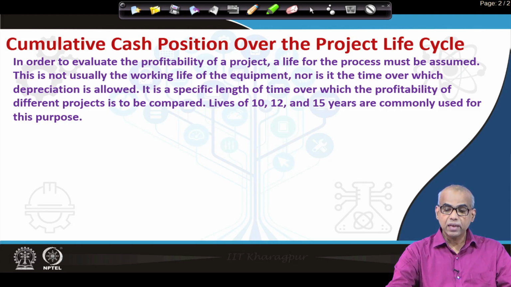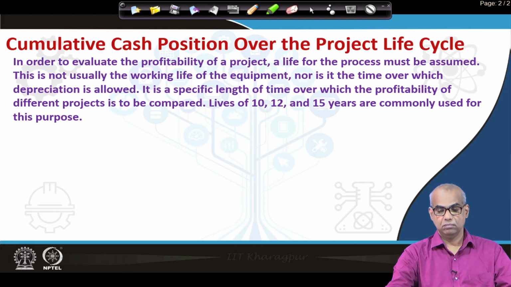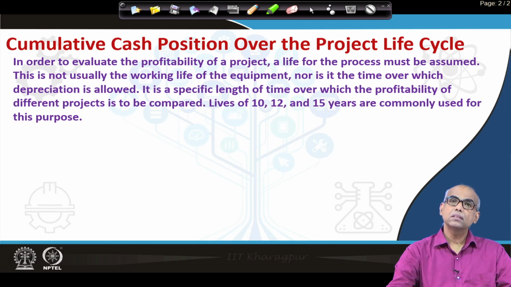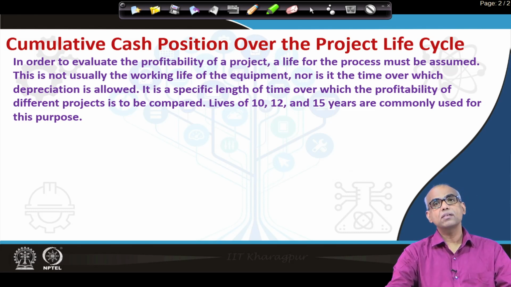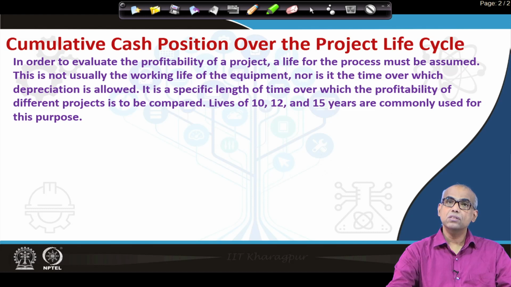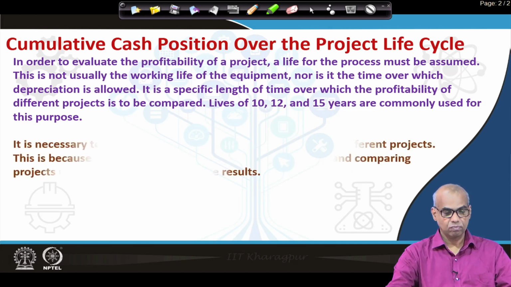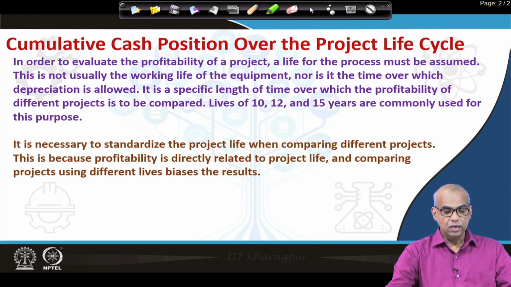It is a specific length of time over which the profitability of different projects is to be compared. Typically, 10 years, 12 years or 15 years are commonly used for such profitability analysis of different projects. It is necessary to standardize the project life when comparing different projects.